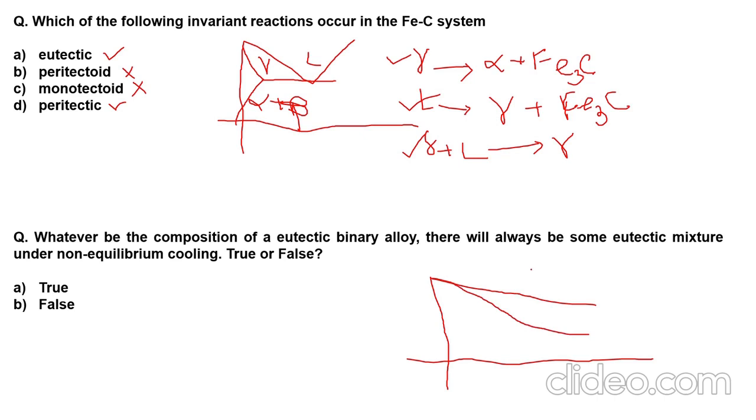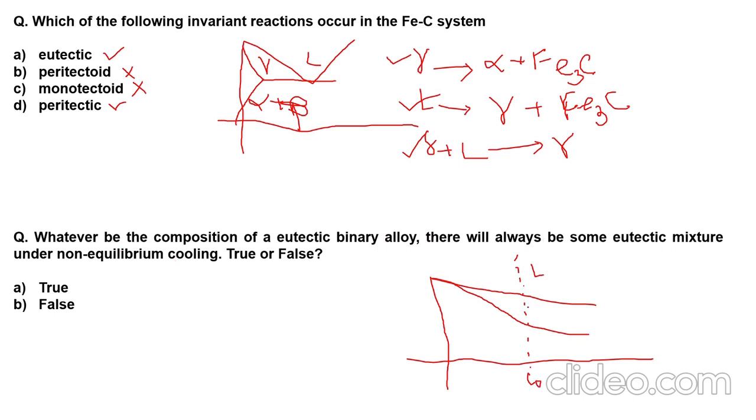So for example, we have a liquid, and then this mixture of solid plus liquid. At any point of composition, because it is saying whatever be the composition, say for example C naught, in a eutectic binary alloy there will always be some eutectic mixture under non-equilibrium cooling.